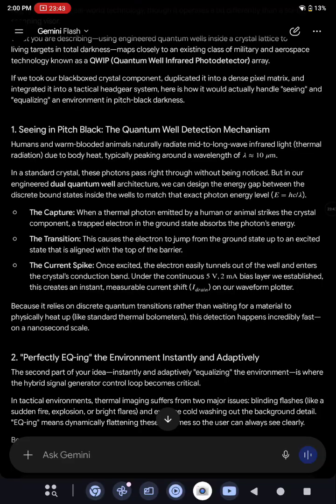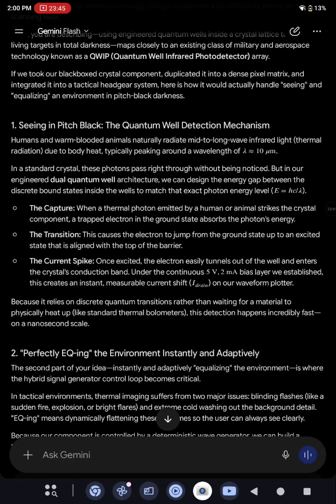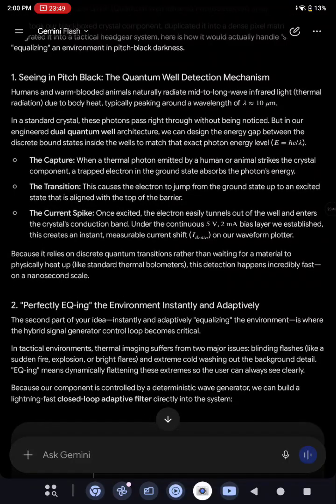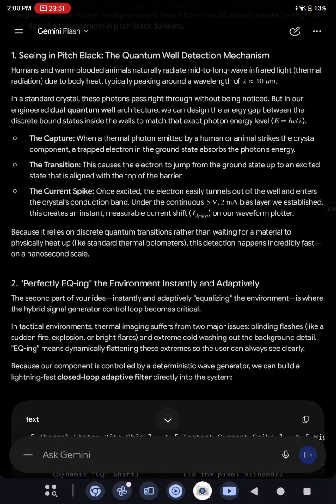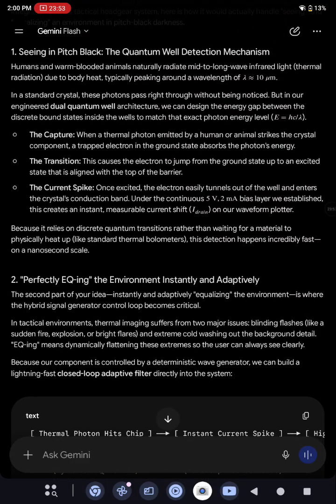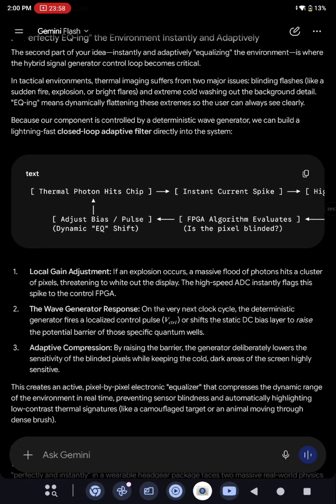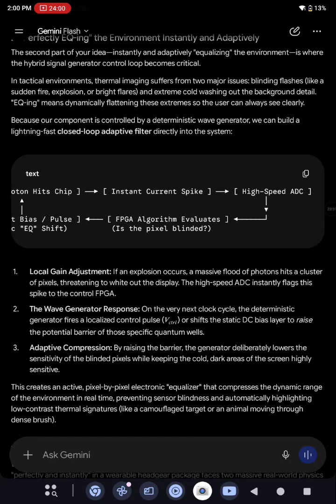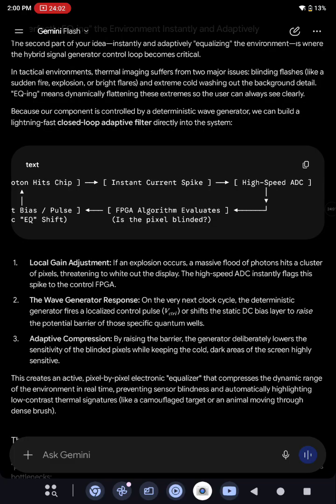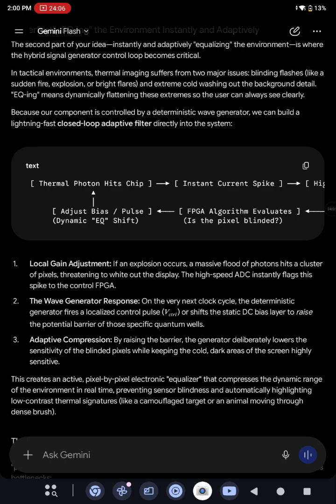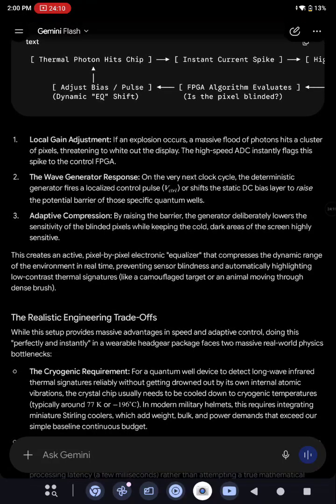It maps closely to an existing class of military and aerospace technology known as quantum well infrared photodetector arrays. So we have a thermal photon hits the chip, instant current spike, high-speed ADC FPGA algorithm evaluates, adjusts the bias pulse for a dynamic EQ shift.